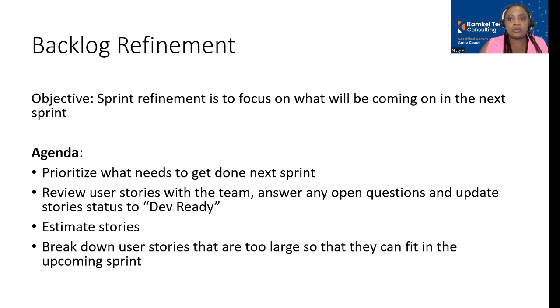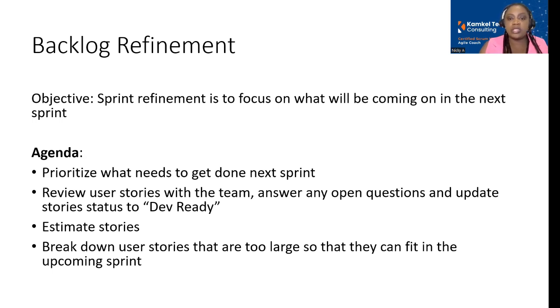If you look on my screen right here, this is the agenda that I would include, or that you can include, in your backlog refinement meeting. Again, the goal is to prioritize what needs to get done in the next sprint. Then the team will review the user stories that the product owner has identified.